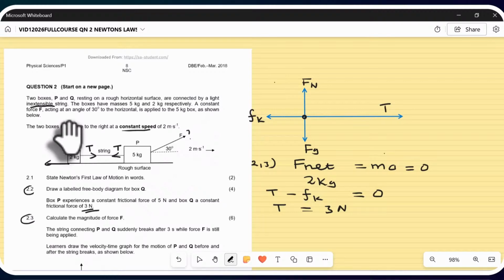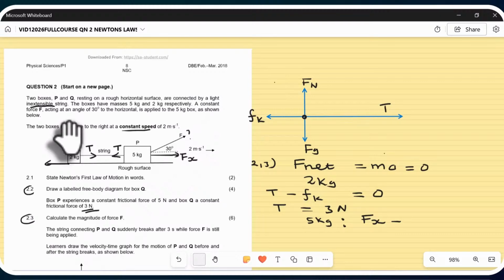So my Fx, the horizontal component, is given by the tension T plus Fk.